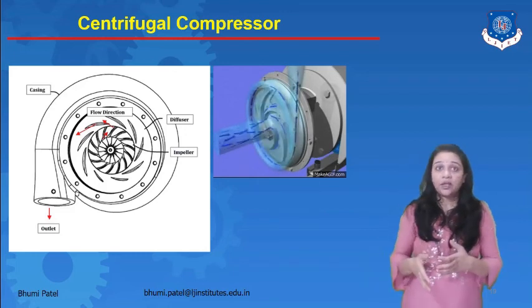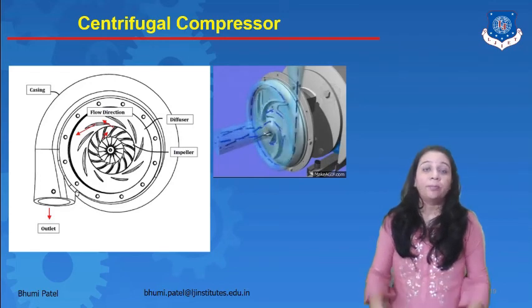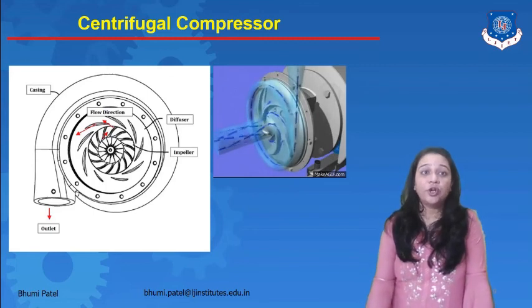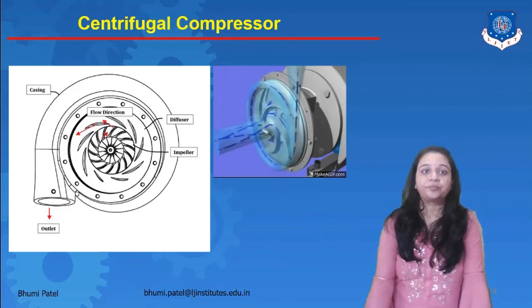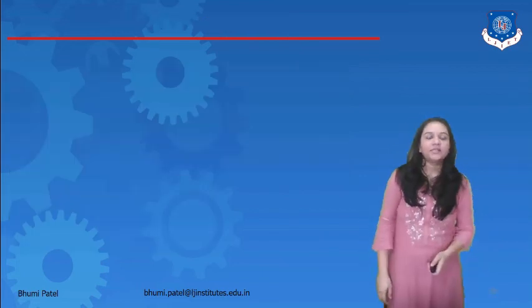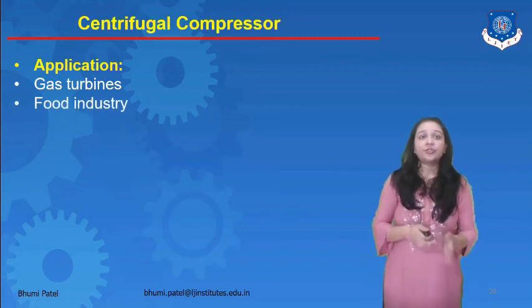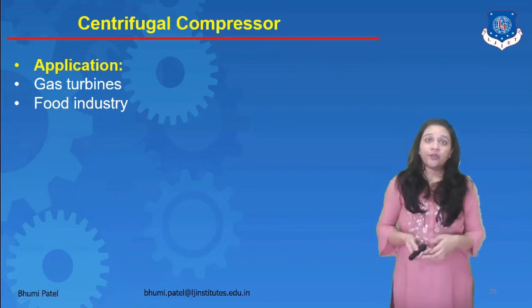The multi-stage centrifugal compressor is generally used for large air volume at a pressure range of 150 psi and higher. The applications of the centrifugal compressor are in gas turbine systems and the food industry.